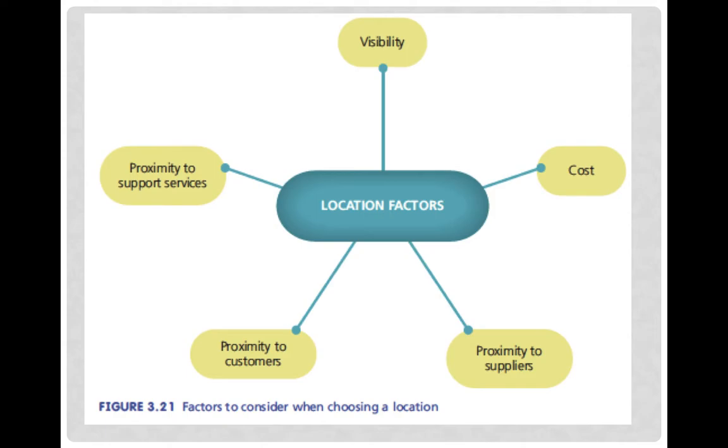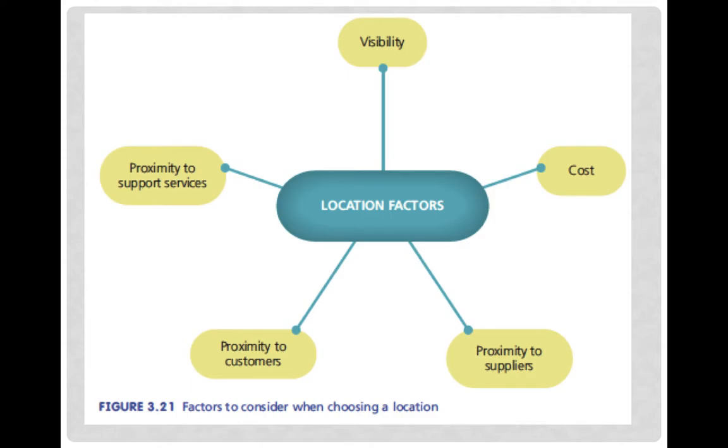So looking at visibility, these obviously connect. Some connect with others more strongly than others, but visibility connects, for instance, with cost. It connects to proximity to customers, because to be highly visible and be on the high street costs a lot of money. But some businesses need to do that and are willing to do that because of the nature of their business. The business primarily being a retail business.